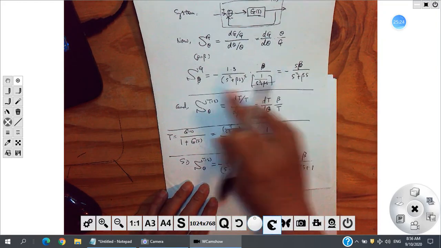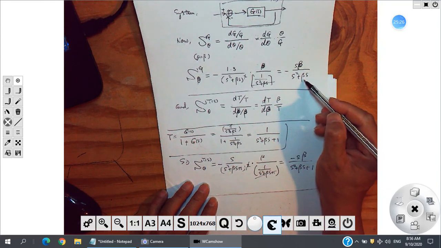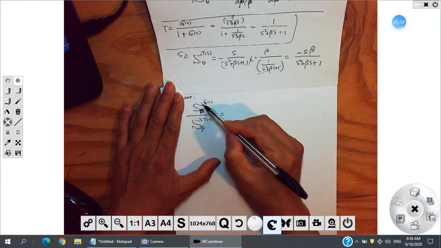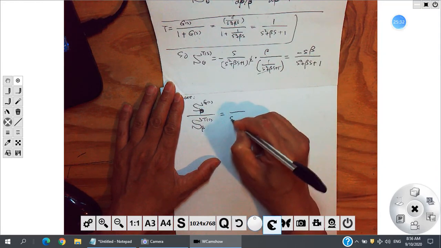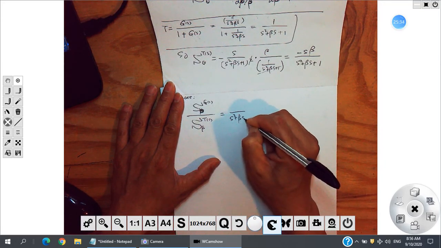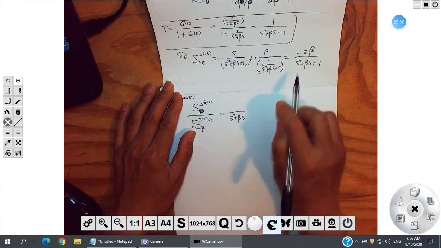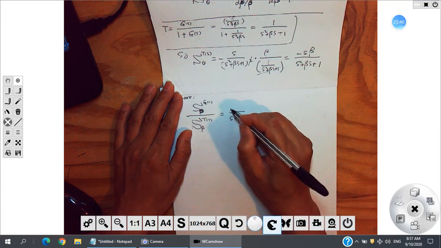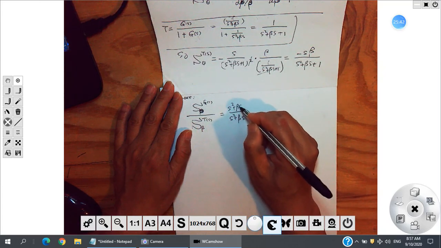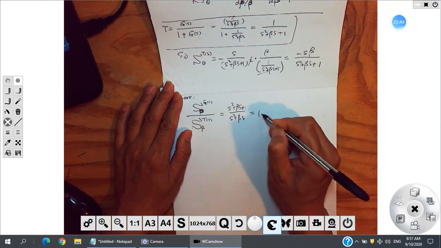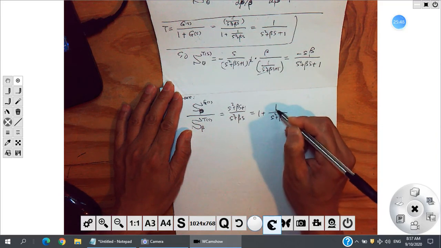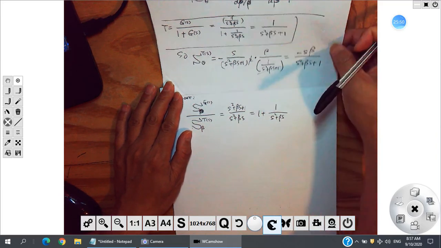Now G is this one, s squared plus beta s in the denominator. So this one has s squared plus beta s in the denominator, and this one over these. So now this one we're going up. So s squared plus beta s plus 1. So it is 1 plus s squared plus beta s. Here's 1. Now we have this. We have this one.